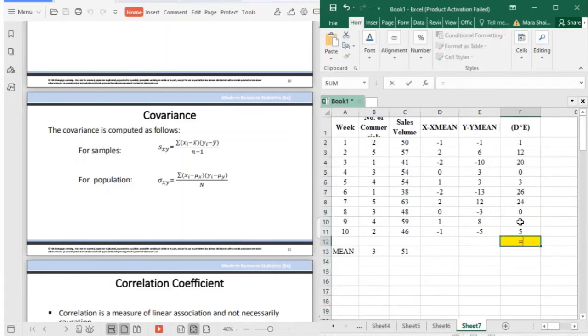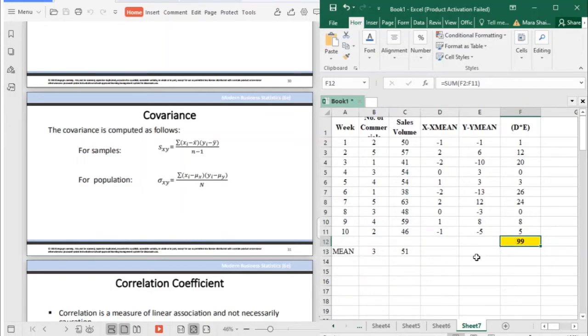So let's get the sum. You have a sum of 99. Now we already have our numerator.